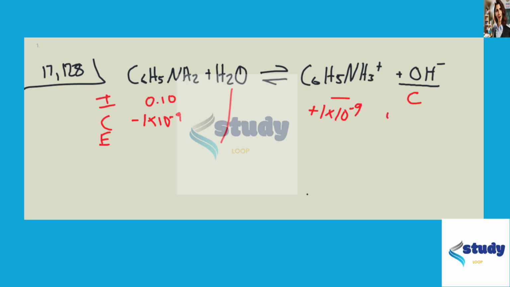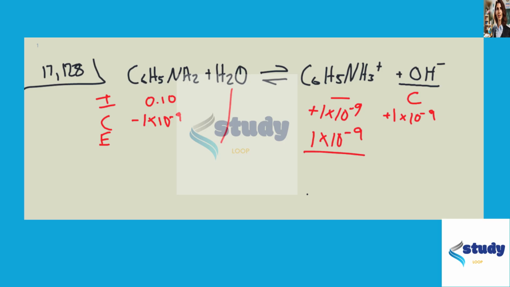So this is important here because we want our final equilibrium concentration of the conjugate acid, anilinium, to equal this value.